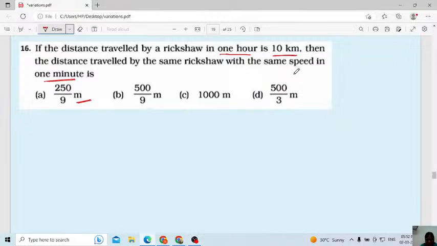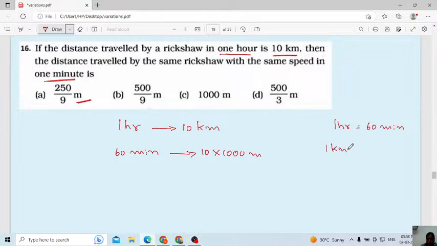Yes, here they are given for 1 hour 10 kilometer. You know 1 hour is nothing but how many minutes? 60 minutes. Same again, 10 into 1000 meter, because 1 kilometer it will be 1000 meter.